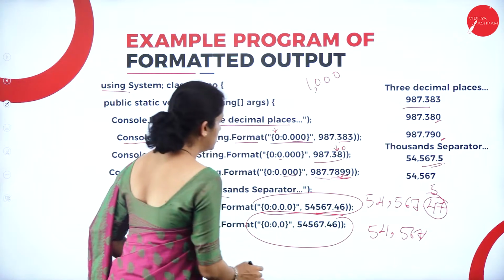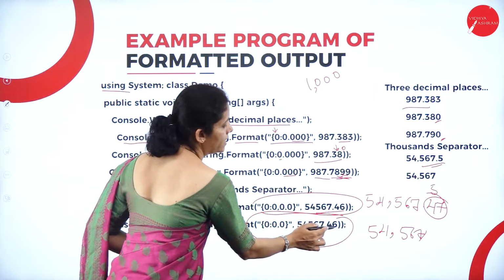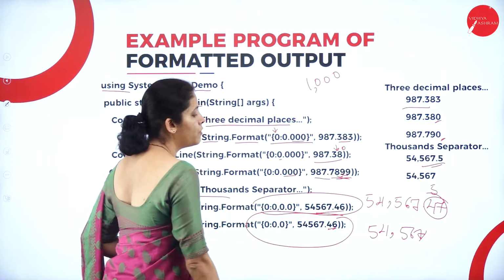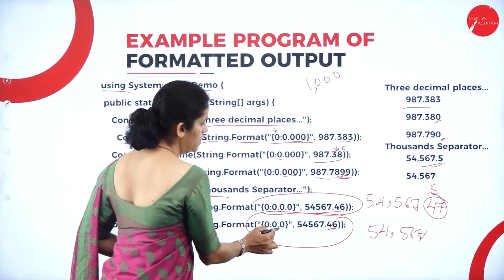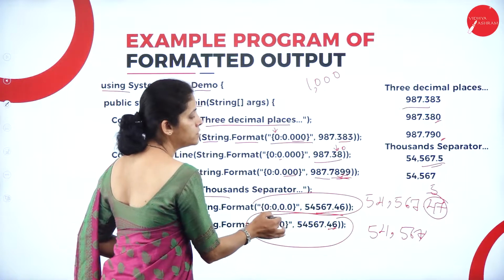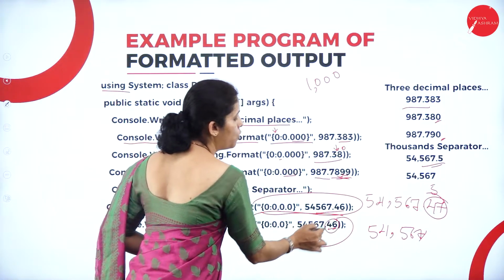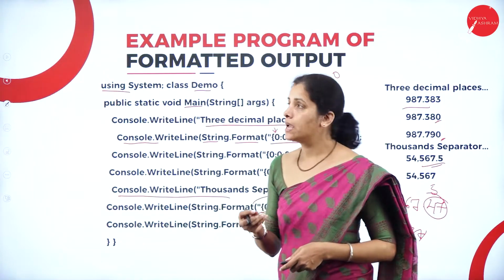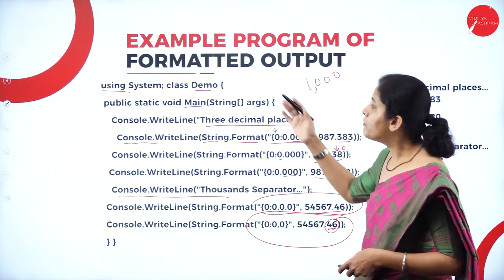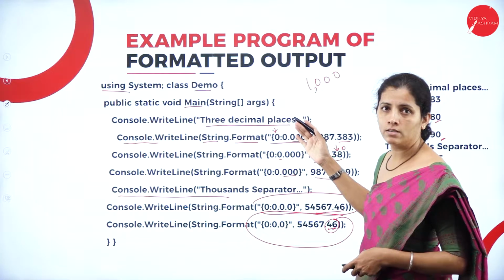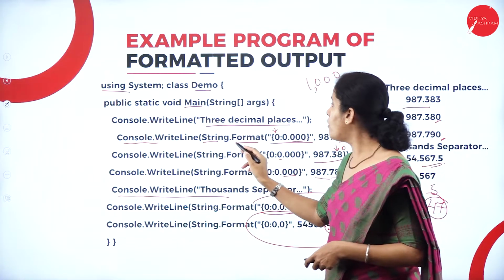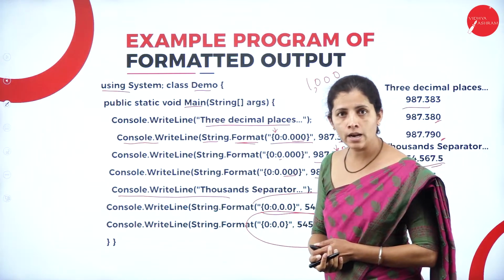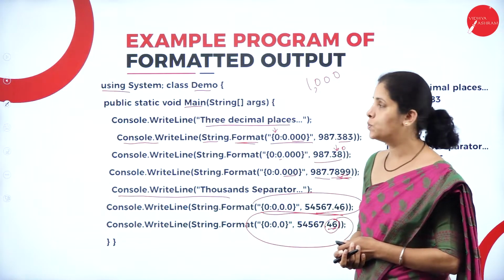Why is it 567? Because I want to remove the .46. So here I'll write 0,0. In the sense, I don't want this fractional value. Okay, this is the way I can use formatted output. That means I can use the format method in my program to format the output.